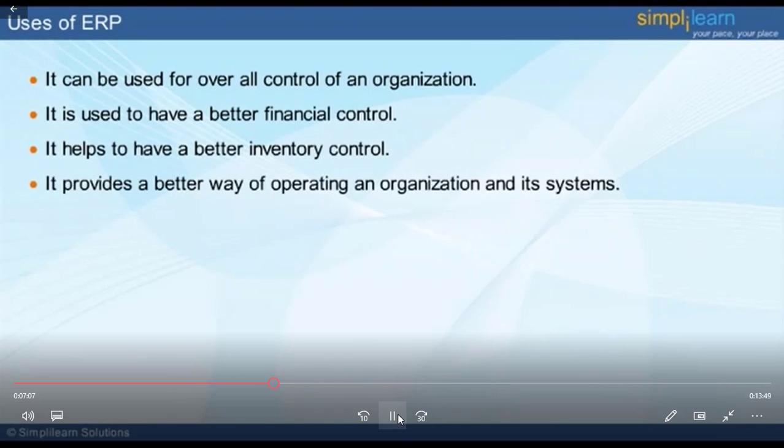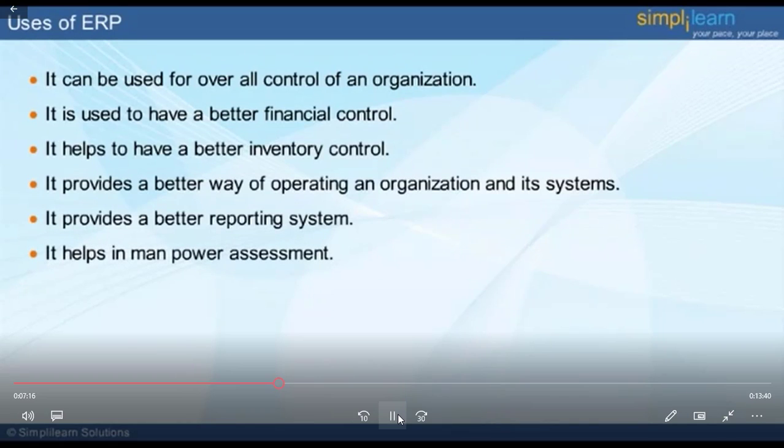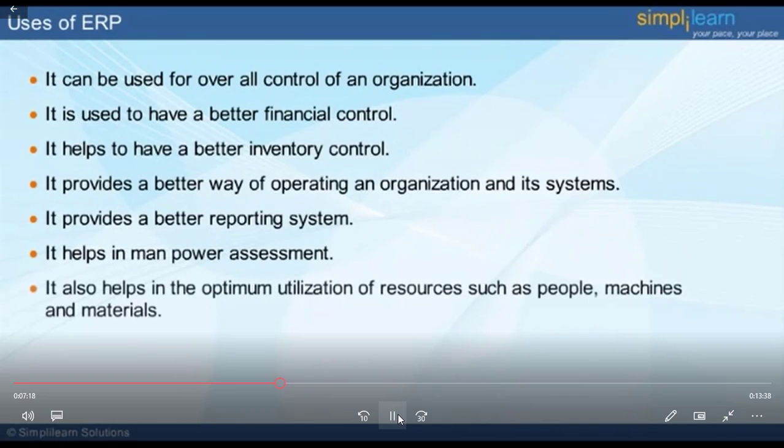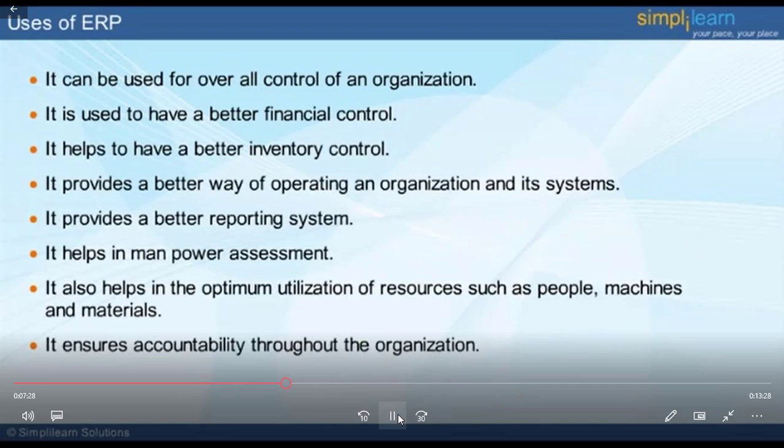It provides a better way of operating an organization and its systems. It provides a better reporting system. It helps in manpower assessment. It also helps in the optimum utilization of resources such as people, machines, and materials. It ensures accountability throughout the organization, and it provides an improved quality of life.